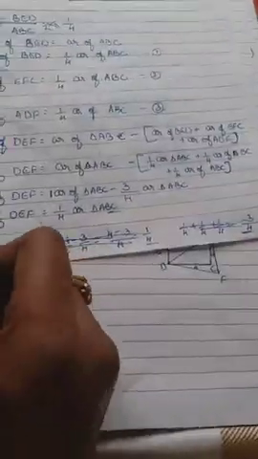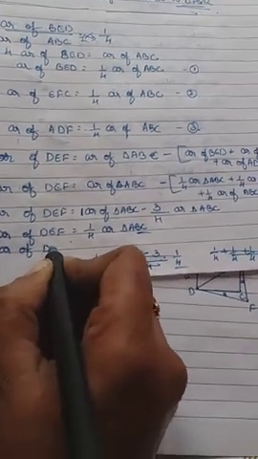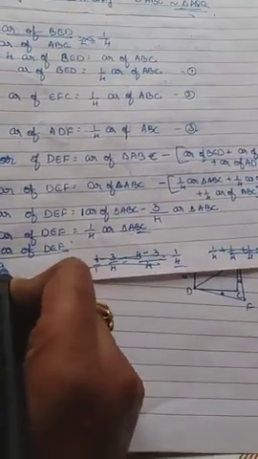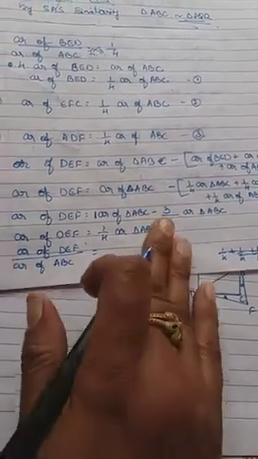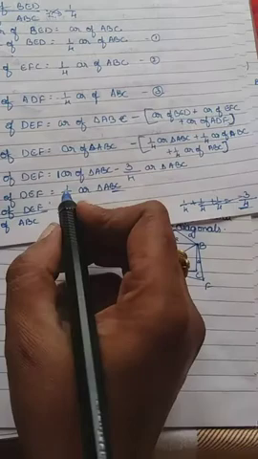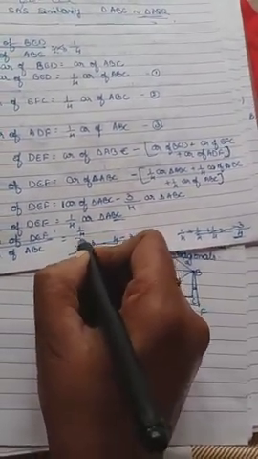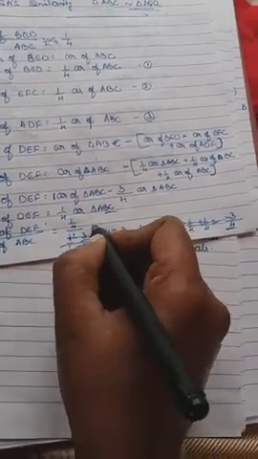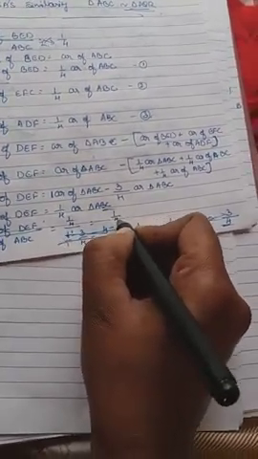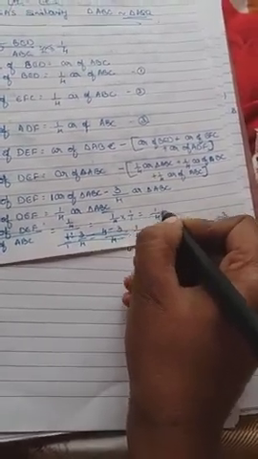So take the ratio: area of triangle DEF divided by area of triangle ABC equals how much? DEF is 1 by 4, and ABC divided by itself is 1. So that equals 1 by 4 into 1 by 1, which equals 1 by 4 only.